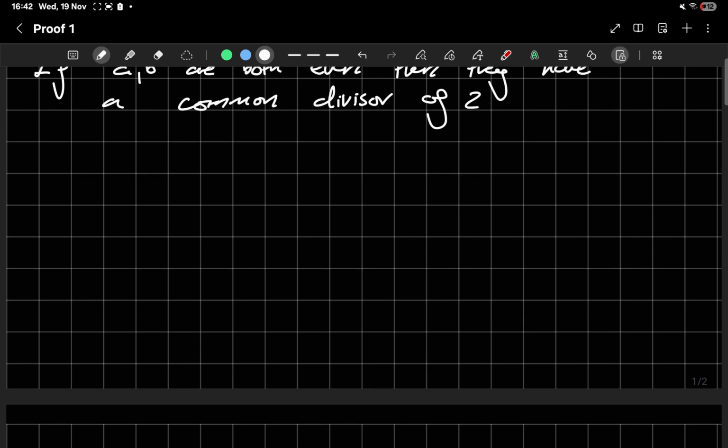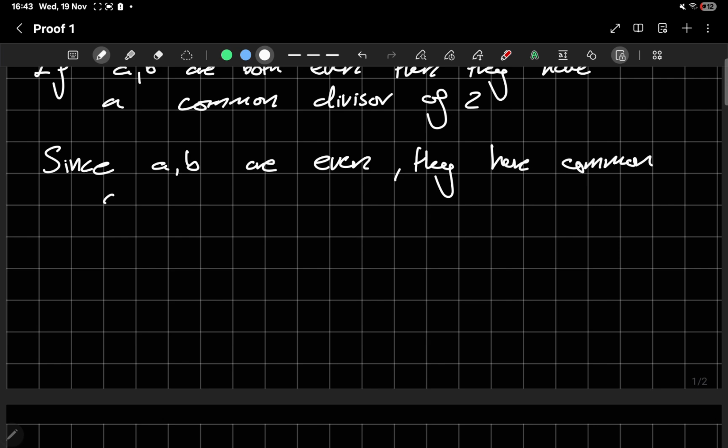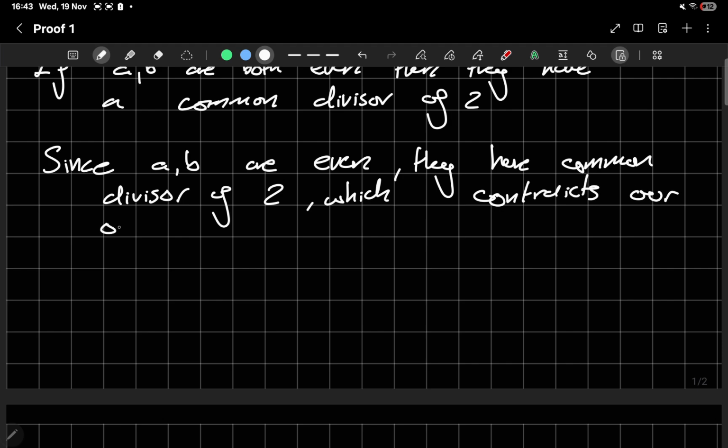So we can write our concluding statement: since a and b are even, they have a common divisor of 2, which contradicts our original assumption that the greatest common divisor of a and b is equal to 1.